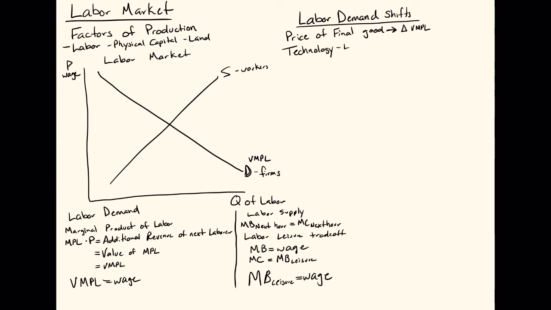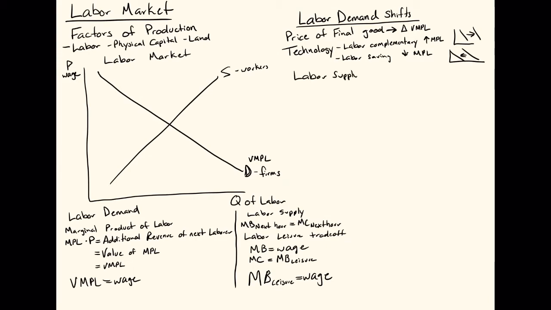The demand curve also shifts when new technology becomes available to the firm. If the technology increases MPL or is labor complementary, it shifts the demand curve outward. If the technology reduces MPL, then it is labor saving, and it shifts the labor demand curve inward.